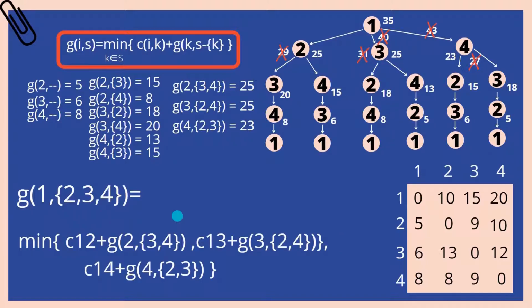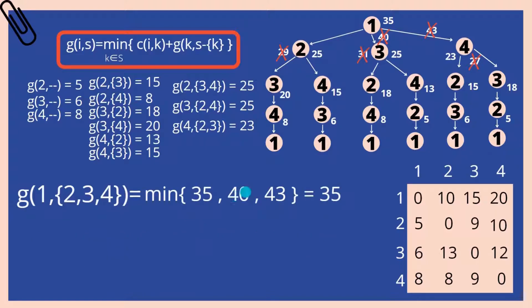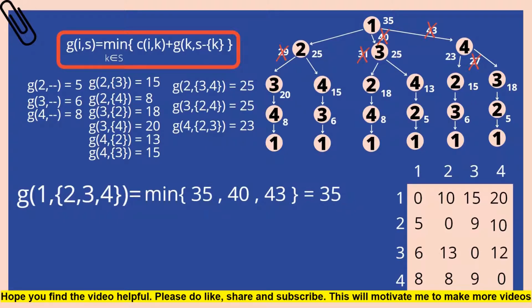And the third option is from 1 to 4 and the minimum of 2 and 3. We got the answer as 35, 40 and 43. So our minimum is 35. Out of these three, our minimum is 35. So the minimum distance is going to be 35.